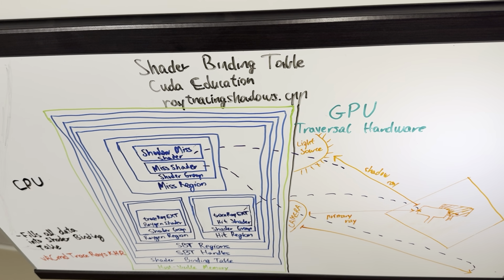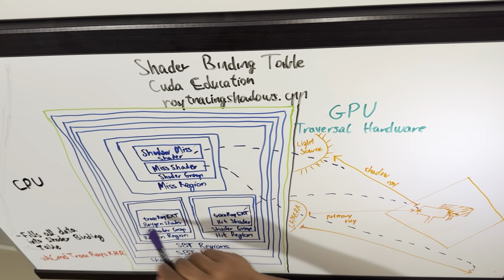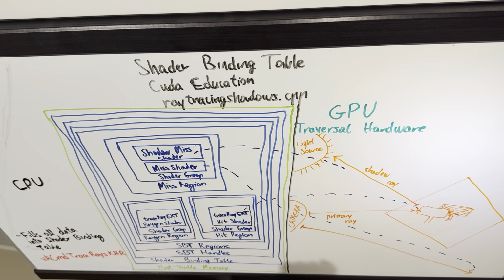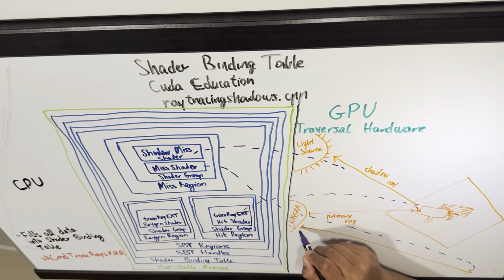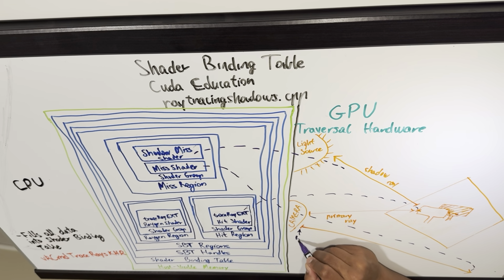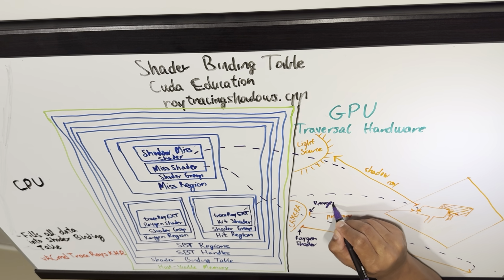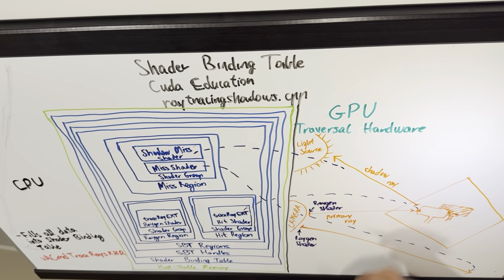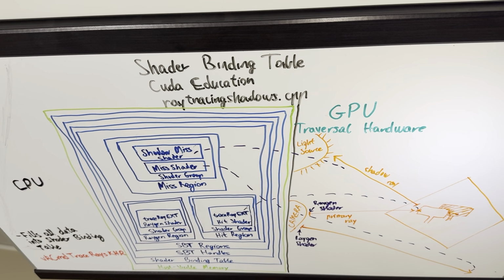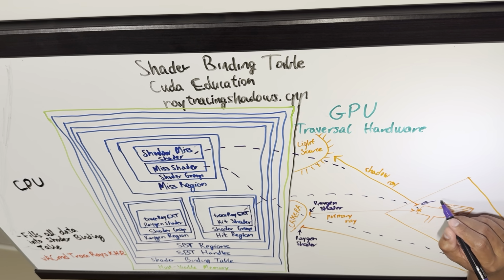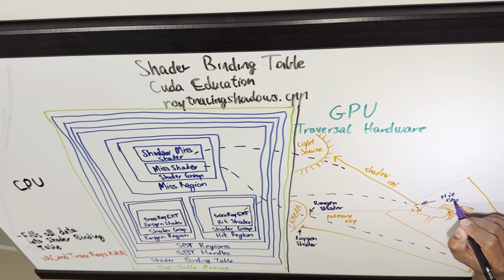So these are all raygen. I'll just write raygen shader, and this is hit shader.